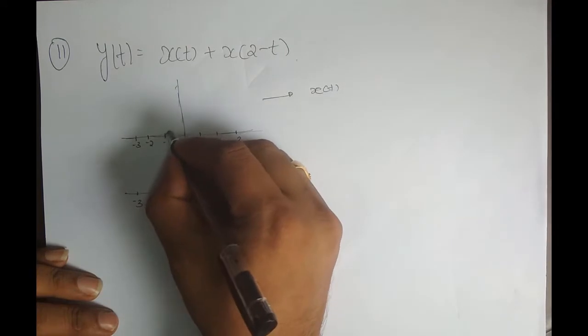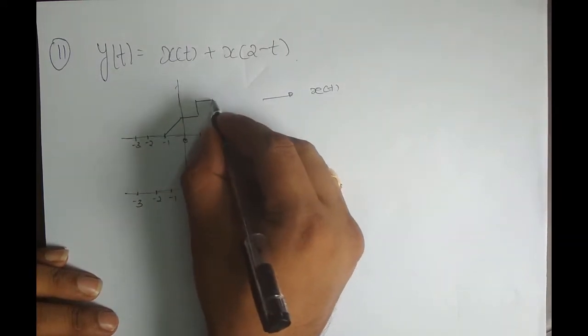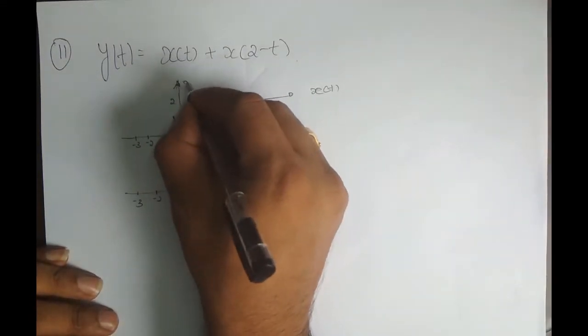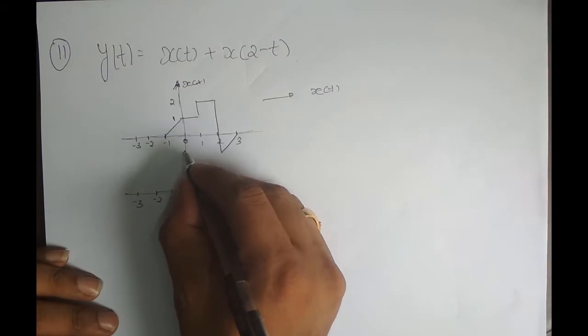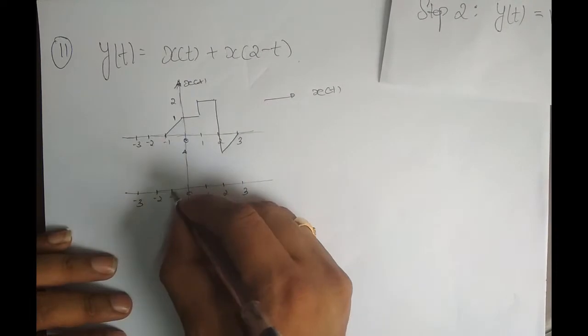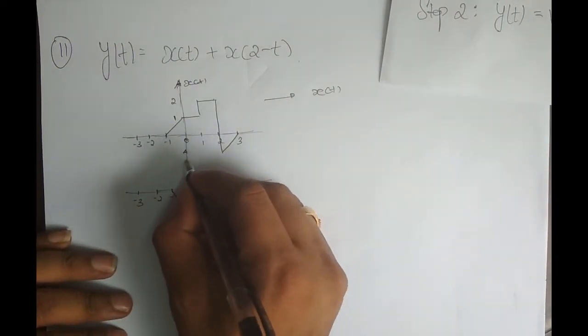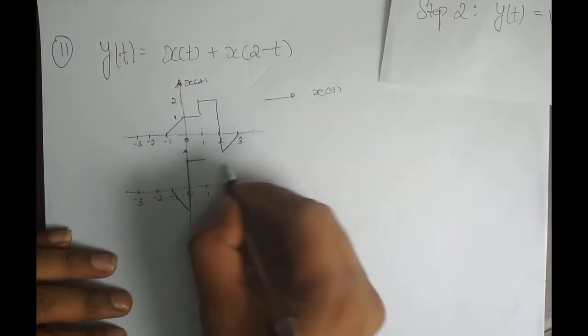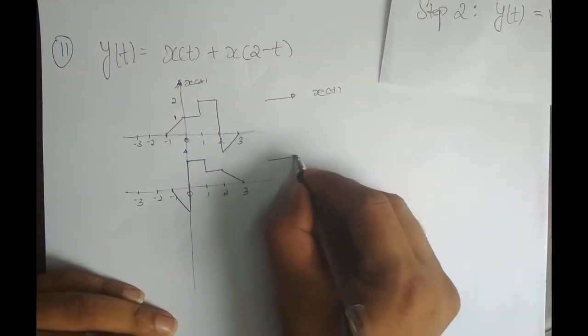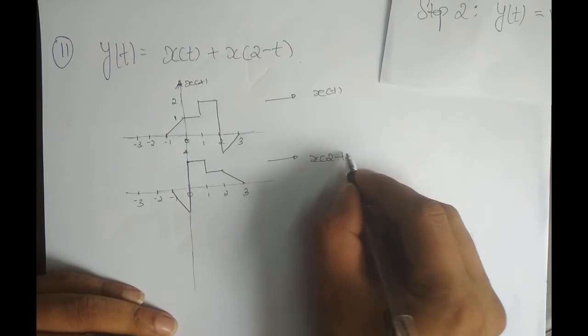Our x of t is like this, right? This amplitude is 1 and this amplitude is 2. So this is x of t. Now the second signal, we'll plot x of 2 minus t, and x of 2 minus t is this, no? So we'll sketch it.